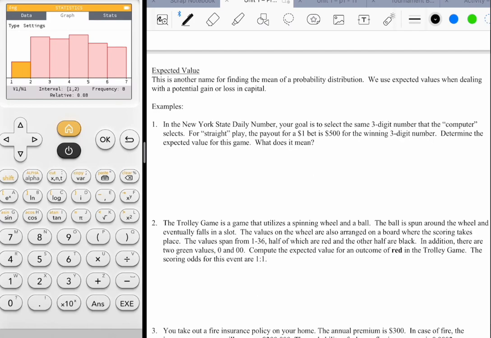If I want to put $100 down on black and I win, I'm going to get $100. If I bet $100 on a lottery ticket, well, I might just win the one ticket, but I'm not going to get $1 back for each ticket that I purchased. So the game works differently. What we want to do is figure out what this will mean in terms of our desire to play the game.